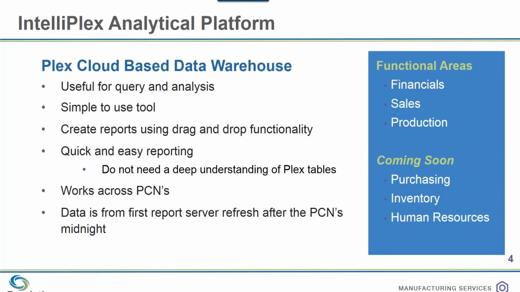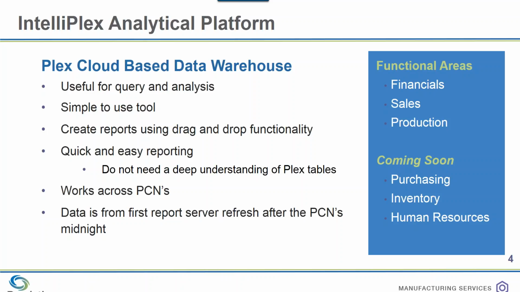The analytics tool is different from regular Intelliplex in that it goes against a data warehouse as opposed to transactional data. If you are going against transactional data, you typically have to have a deeper understanding of things or a developer's background.